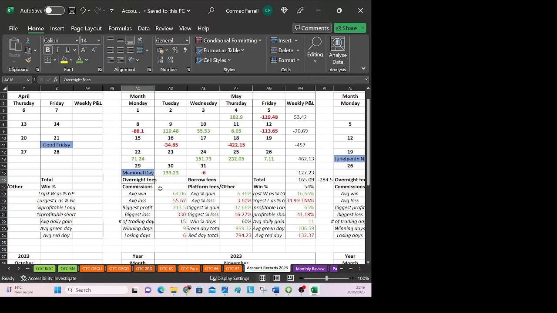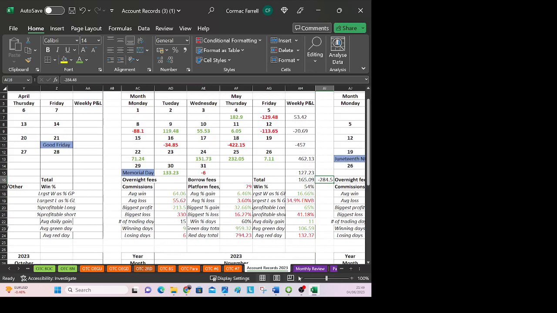I'll be putting this information back in later. The platform fee every month is $79, and there are borrow fees and commissions to add into that figure too.